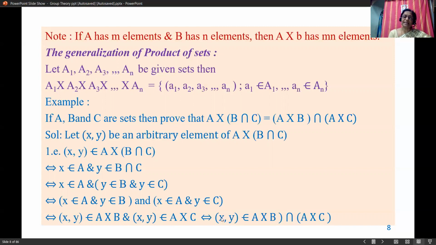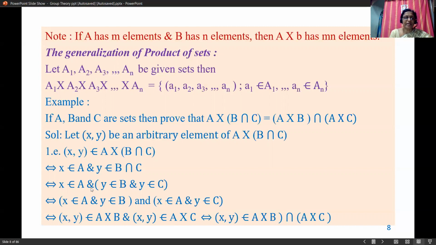Now let us consider an arbitrary element from the intersection of these two Cartesian products. That implies (x, y) belongs to A cross B and (x, y) belongs to A cross C. And again you go in reverse order, you will get x belongs to A and y belongs to B, and x belongs to A and y belongs to C. So x belongs to A is common here, therefore take it outside.